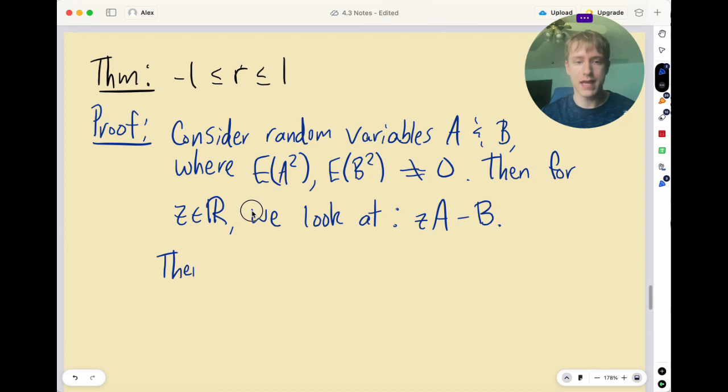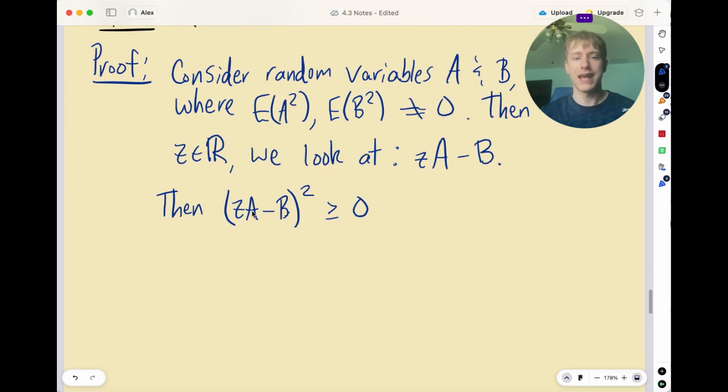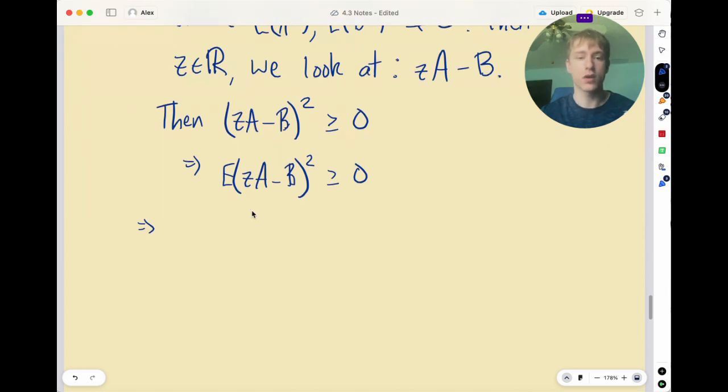And what we can say is that, first of all, if I square this random variable, clearly that's going to be non-negative. And since a random variable is non-negative, that's going to imply that the expectation value of that random variable is also non-negative.